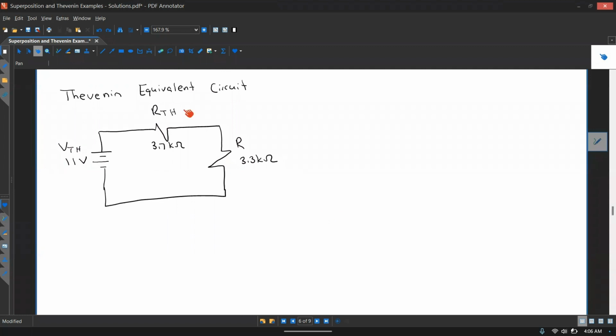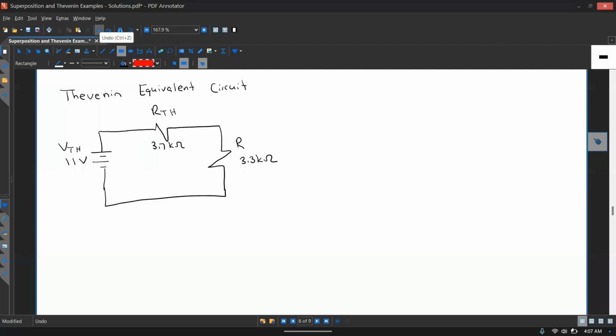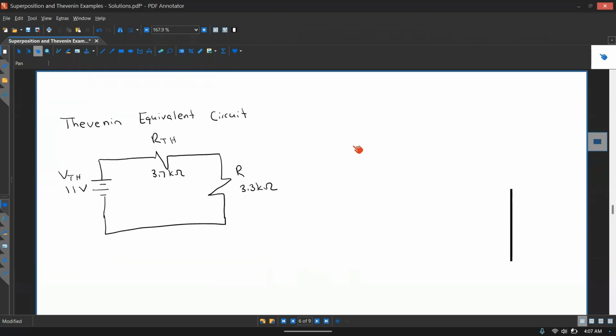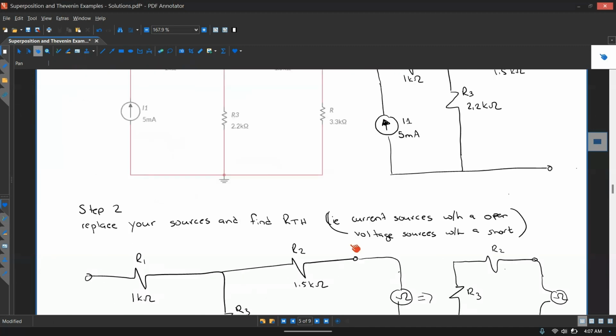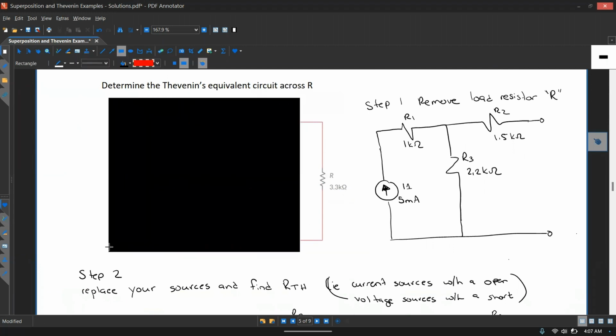So basically, this right here is your black box. That's the equivalent. This voltage and this resistance, the V Thevenin and R Thevenin, is the equivalent of everything that's right here inside that black box.